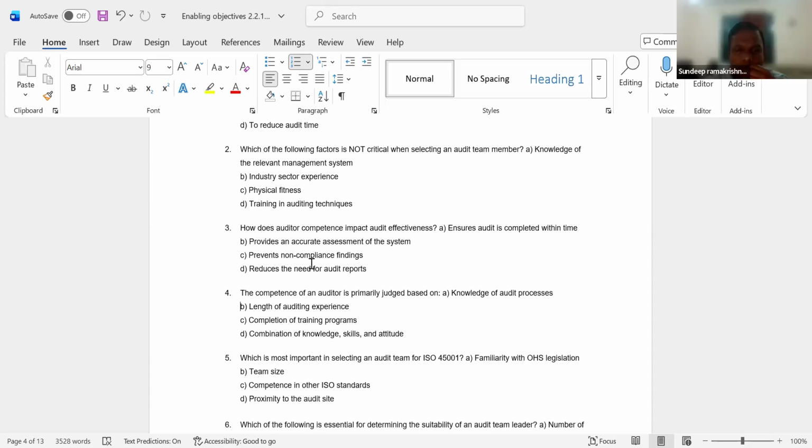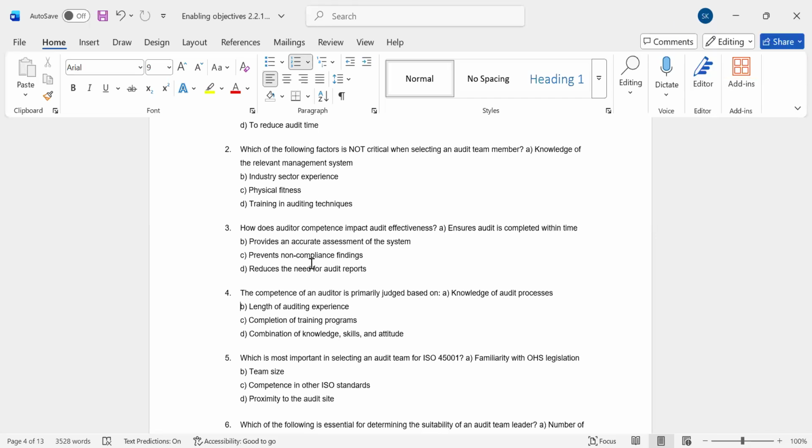See, you have to go to the definition of competence. So it's not only knowledge. When you talk about competence, it is your ability to apply knowledge and skills to achieve an intended result. So a competence judgment cannot be made only with knowledge.